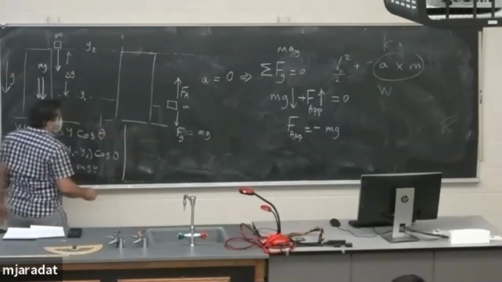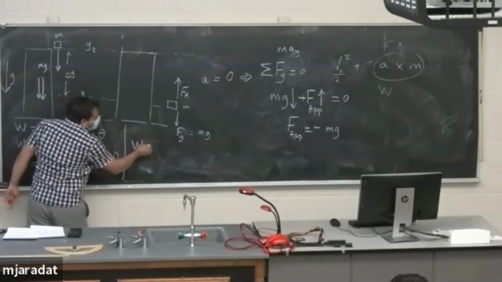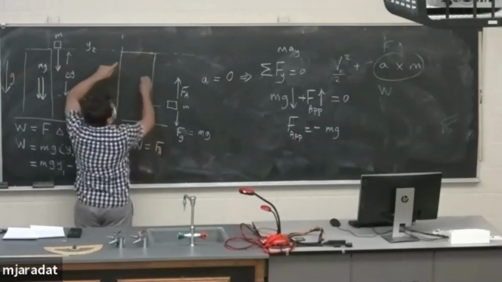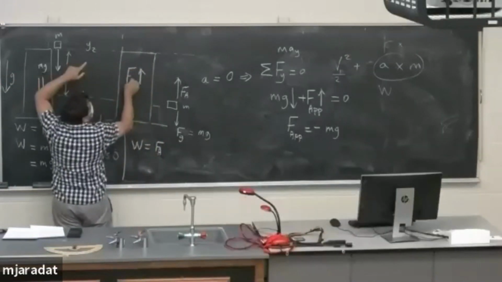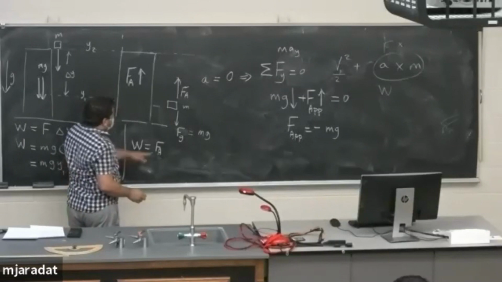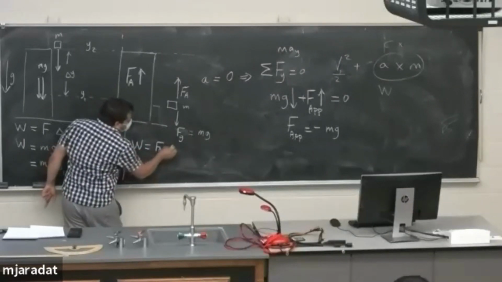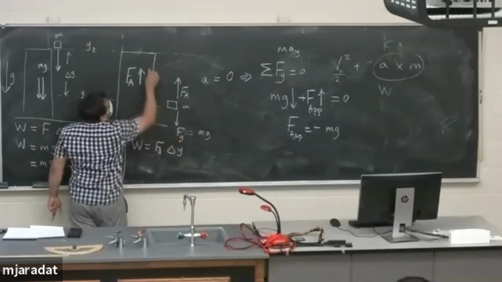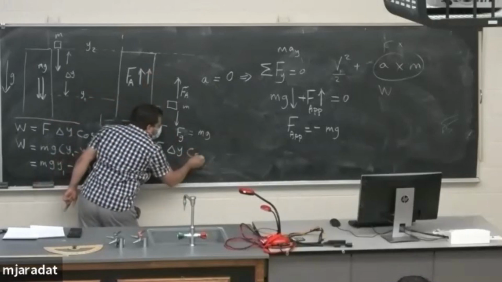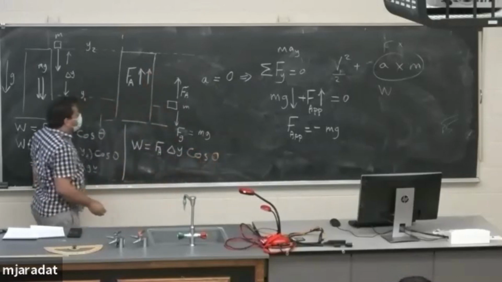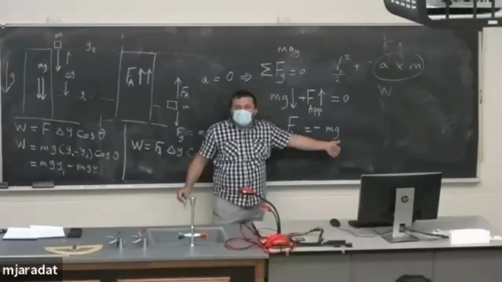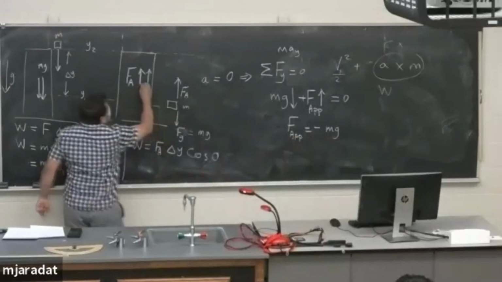In this case, I have the work equal to the applied force, which is upward, times delta y. Delta y is also upward, cosine 0. But F applied is mg.